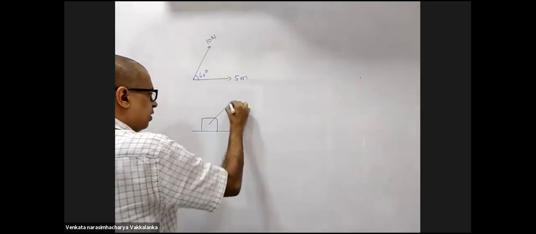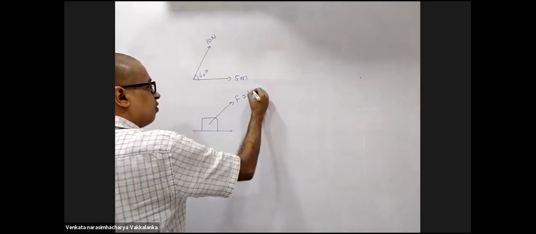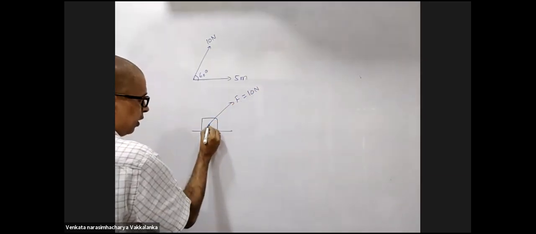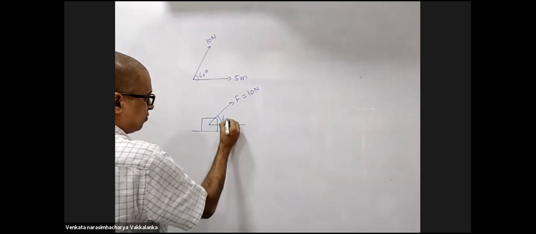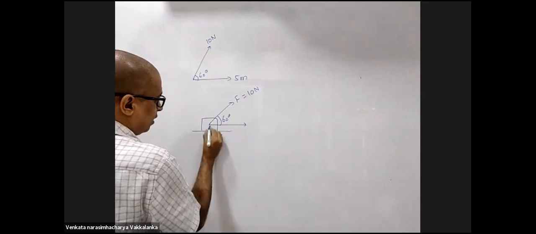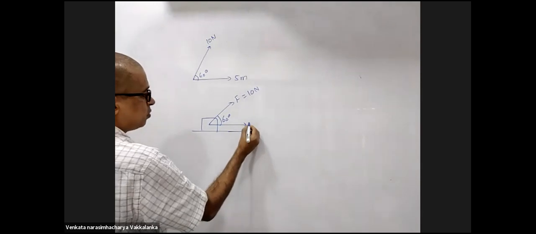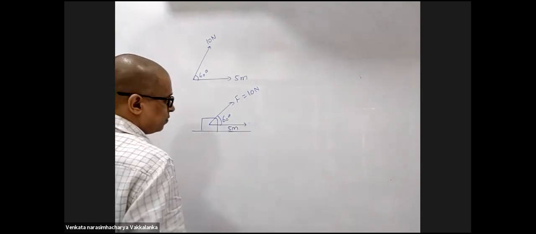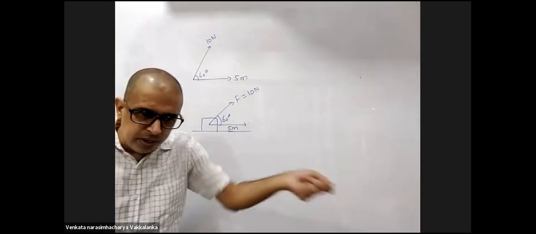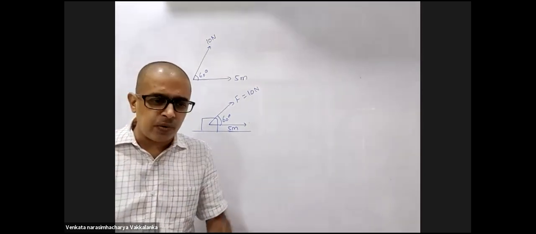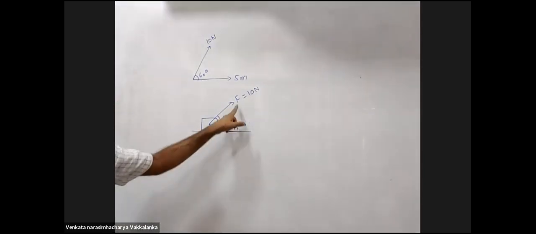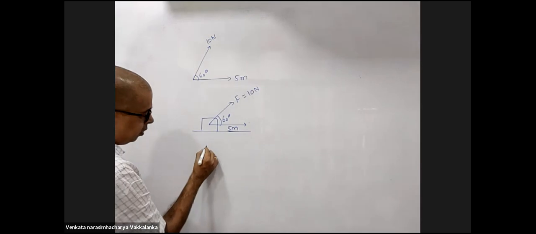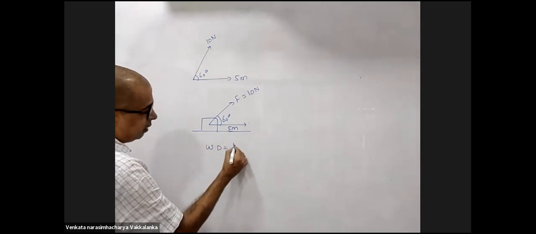I am applying a force of 10 Newton on a body at an angle of 60 degree such that the body has a displacement of 5 meters. You can be pulling a body at an angle theta, you're not pulling it straight. Now you are pulling at this particular angle. What will be the work done?